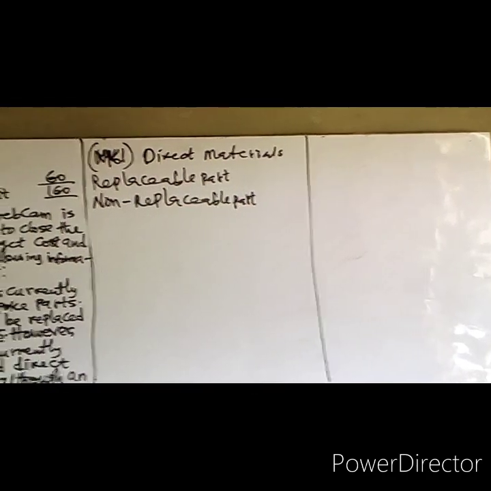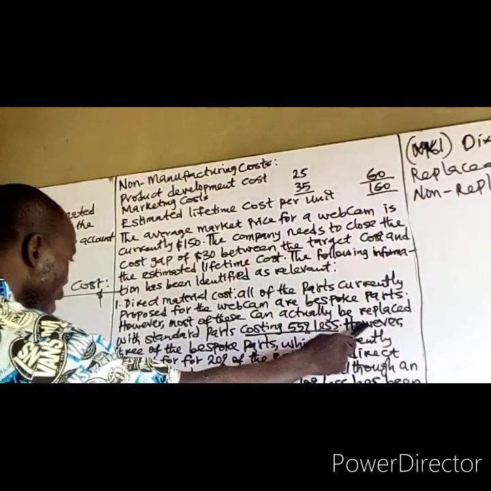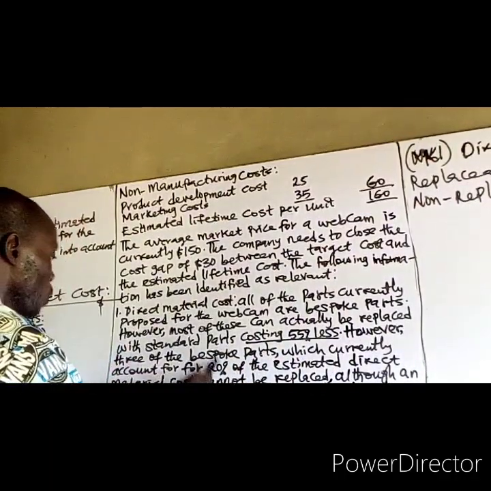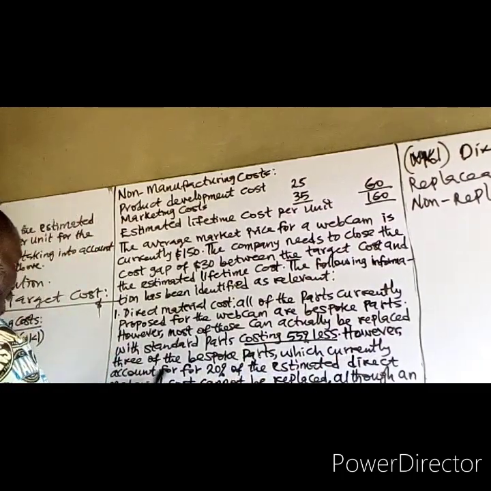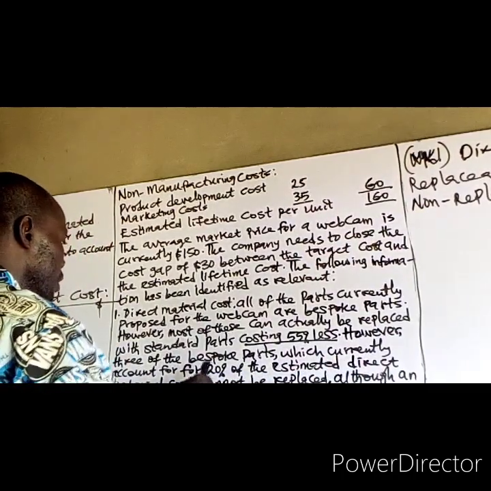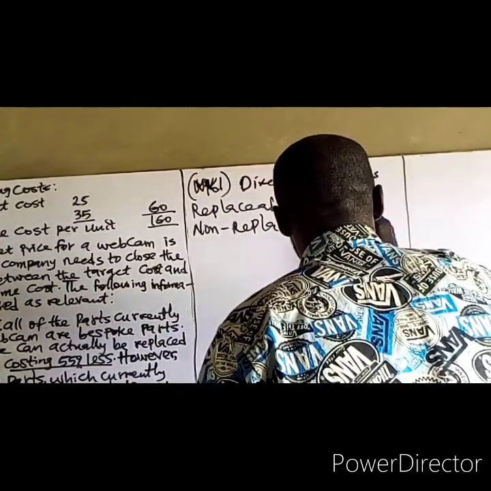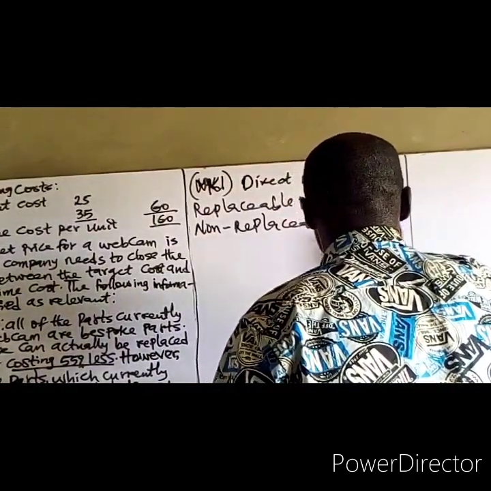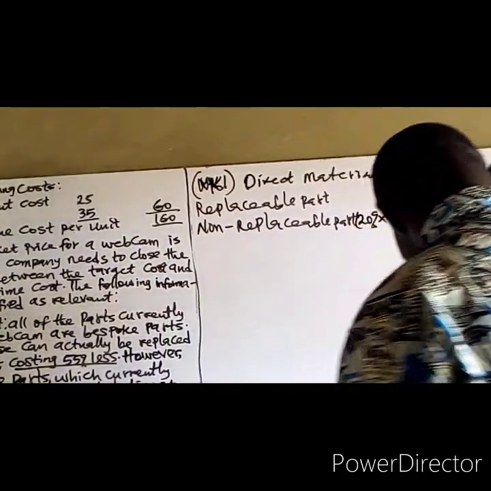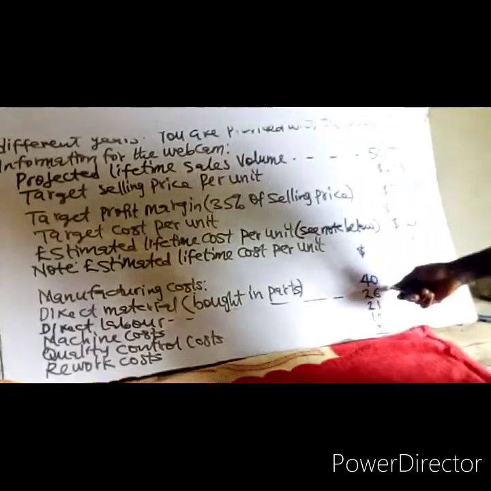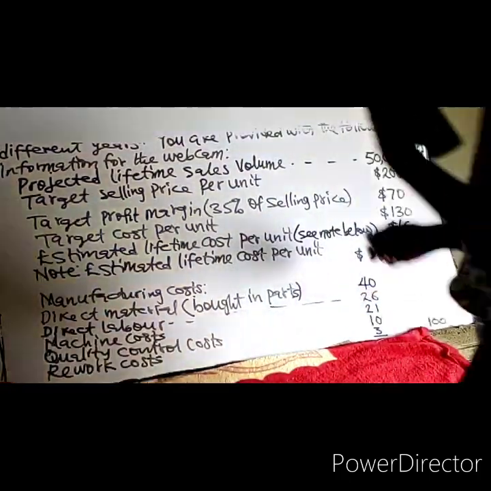We were told that 3 of the bespoke parts, which currently account for 20% of the estimated direct material cost, cannot be replaced. The non-replaceable part is 20% of the estimated cost. Estimated direct material cost is $40.